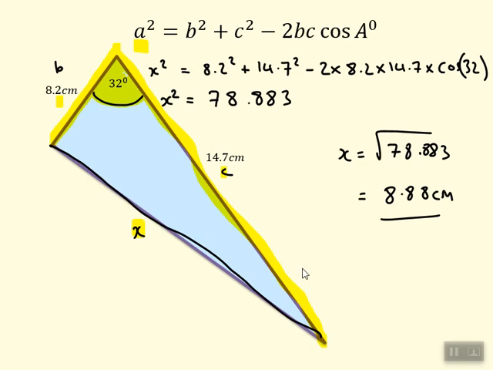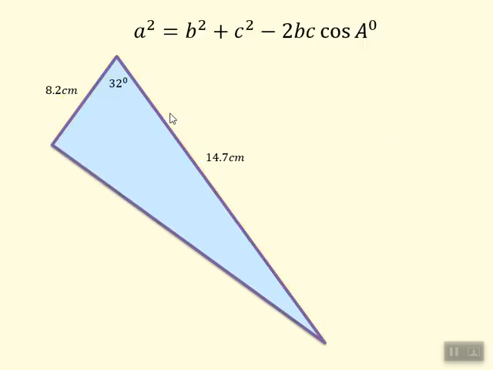That's dead easy. The cosine rule is so simple, but you have to remember this formula. The way I remember it is the following. In order to use this formula, you need to know any two sides, it doesn't matter how long or short they are, and the angle between them, in order to work out the third side.